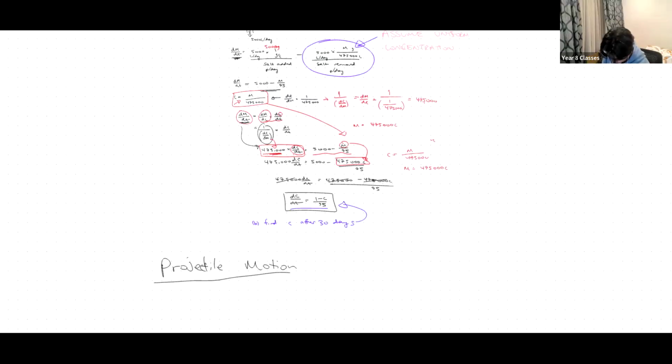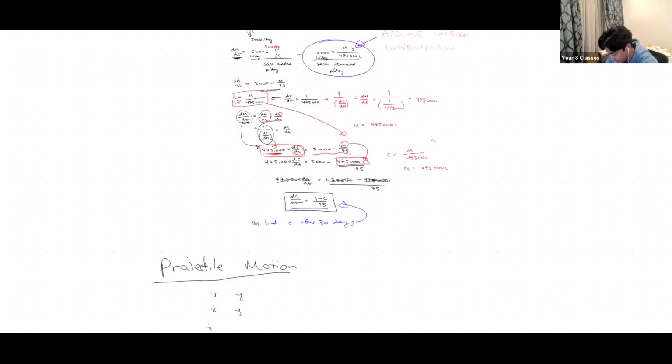Okay, so just some quick run through stuff with projectile motion. The key to projectile motion is breaking down your motion into x and y, or x dot and y dot, and x double dot and y double dot. This is velocity.